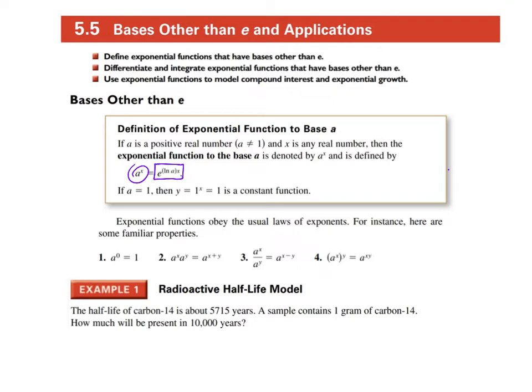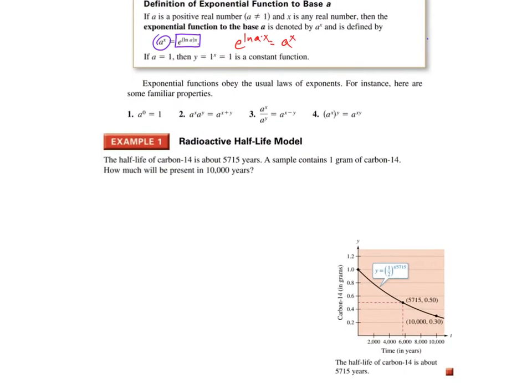And then e to the ln of a is the same as a. And so then we've got what's left, if you throw an x on there, is a to the x. There's a nice little neat trick that allows us to redefine a function so that it is base e. Why was that important? Because later down the road, we used that definition to find the derivative.